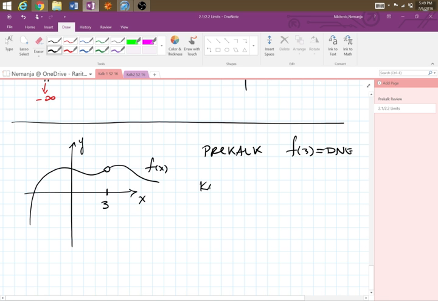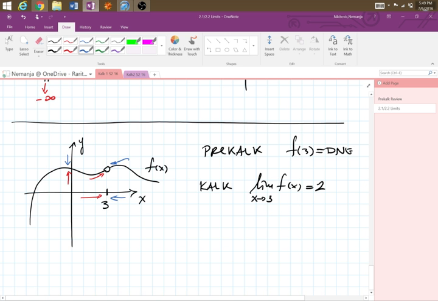Where the calculus would say limit of f of x as x goes to 3 is 2. It exists, because the left limit goes into the point, goes up to 2, and then the right one from the right goes this way, goes down, also at 2, and we get the 2.